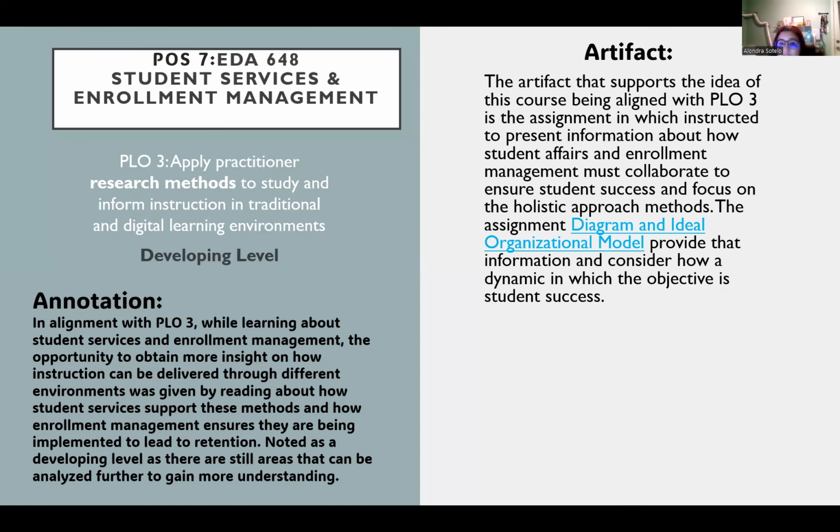So again, going back to that, what different research methods have been delivered or conducted so that there is a way to analyze what works best with traditional and digital learning environments, and how does student services and enrollment management take part in that collaboration.